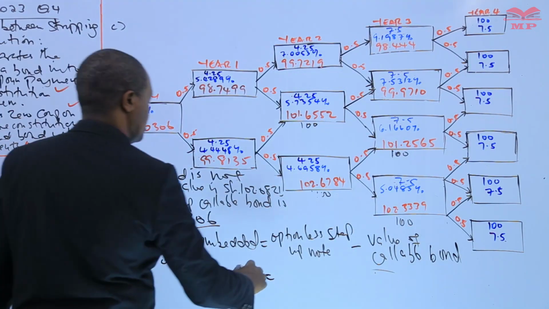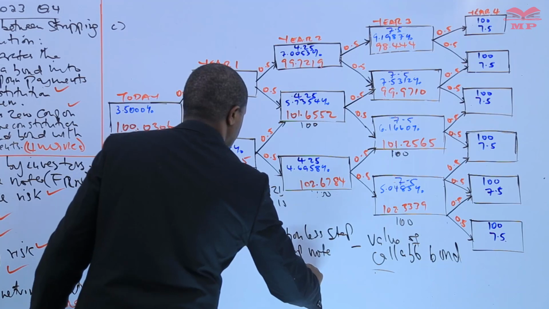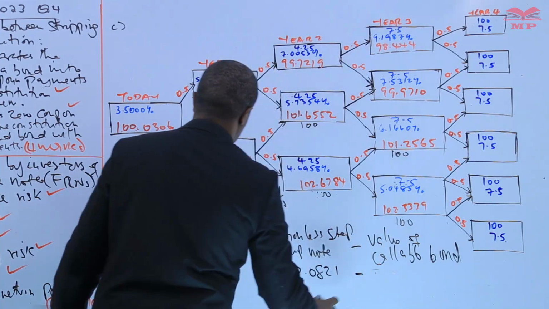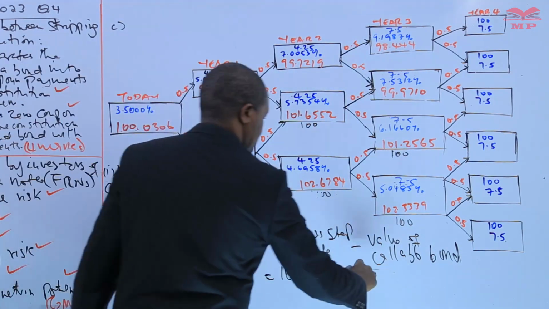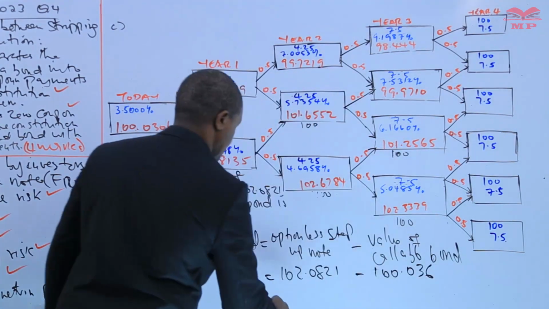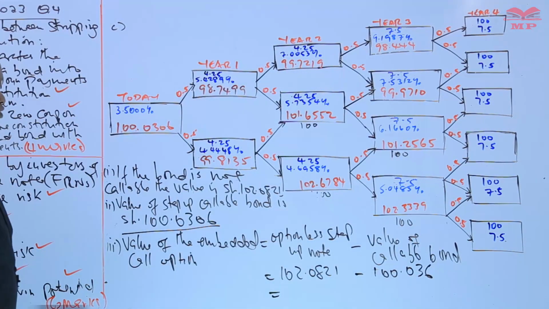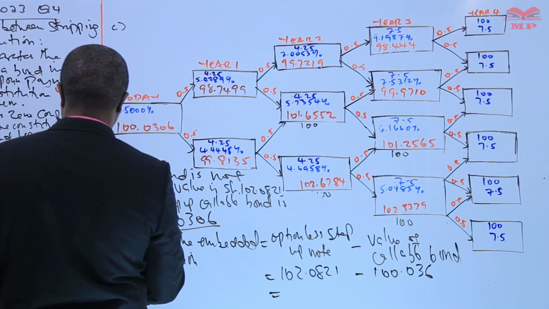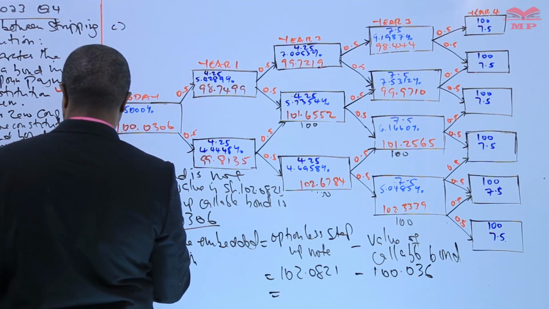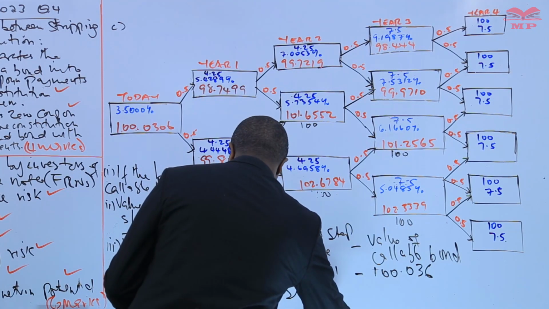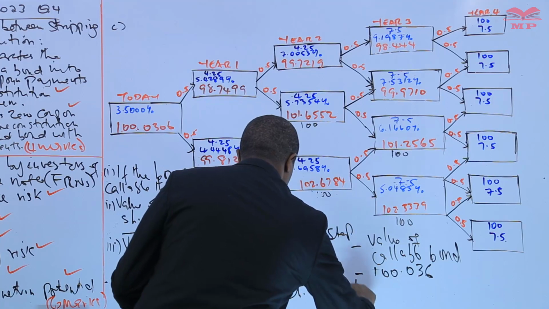This is 102.0821 minus this value of 100.036. This difference will be the value of the embedded call option, which is equal to 2 shillings and 0.461 cents.